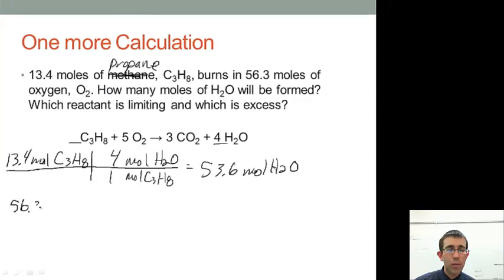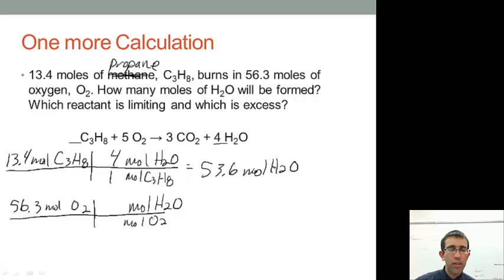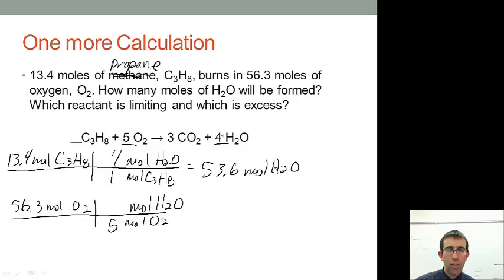Do the same thing with your other given. We have 56.3 moles of oxygen. I want to cancel out moles of oxygen and go to moles of H2O. Use my coefficient. Look here. For oxygen it's 5. For water it's 4. So 56.3 times 4 divided by 5 gives me 45.04 moles of H2O.